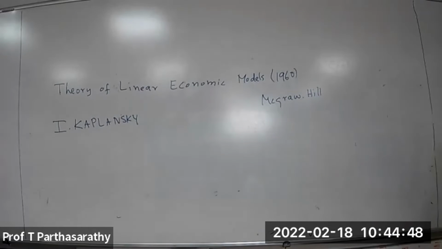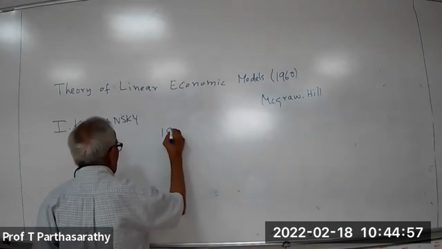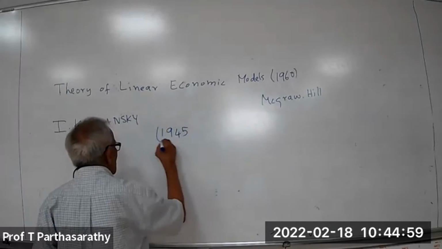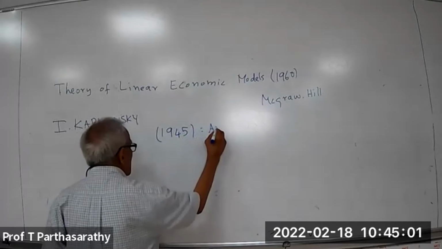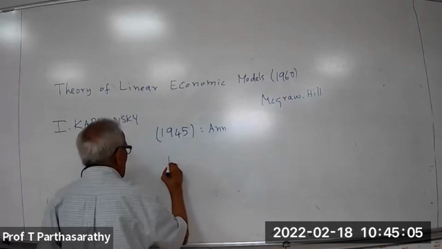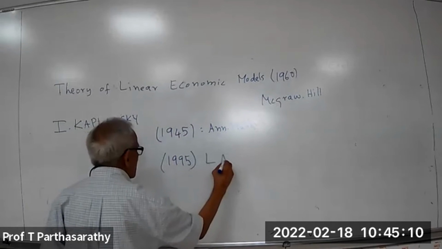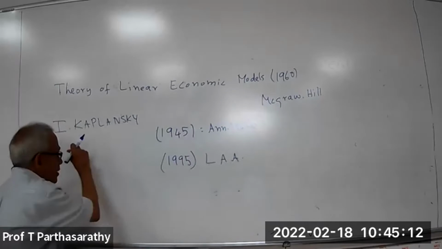But game theory was a hobby, I should say. He wrote 2 papers, both classics in my opinion. One, 1945, appeared in Annals of Mathematics. The other, 1995, after 50 years, appeared in Linear Algebra and its Applications by the same author.